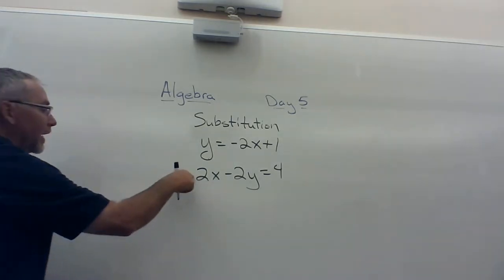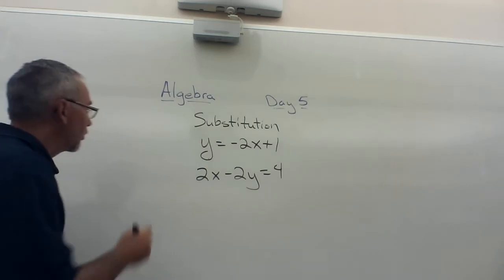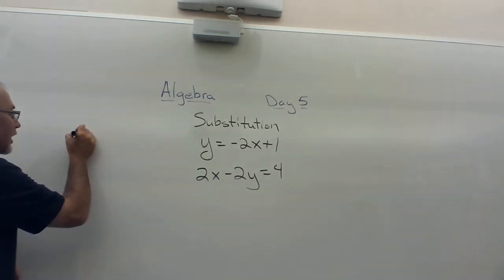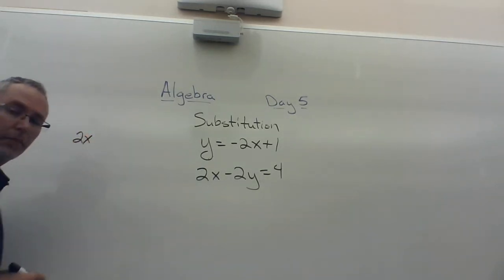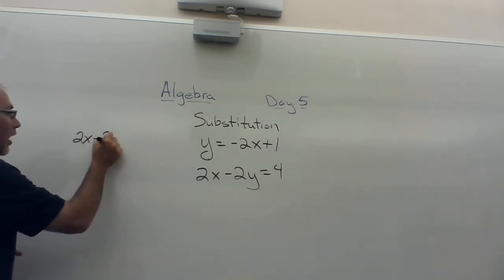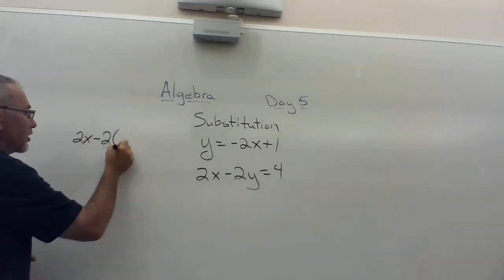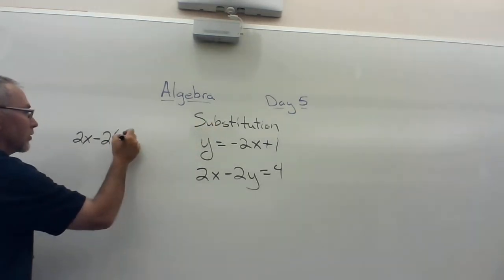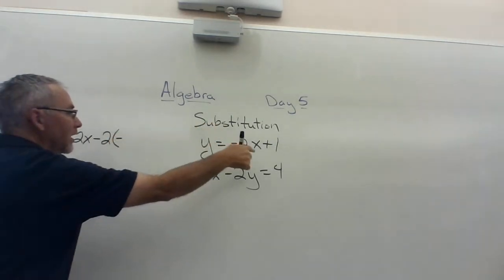I'm going to take this bottom equation that's written in standard form. I'm going to write it over here. But as I write it, you're going to notice something. Instead of a y, I'm actually going to substitute what y is equal to.